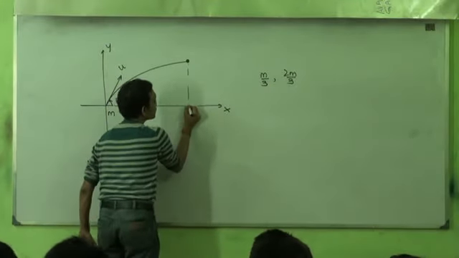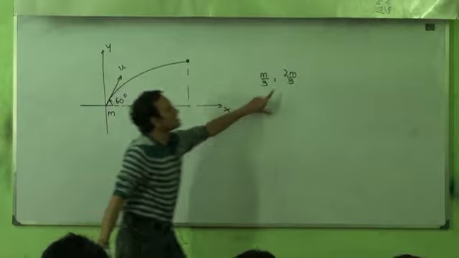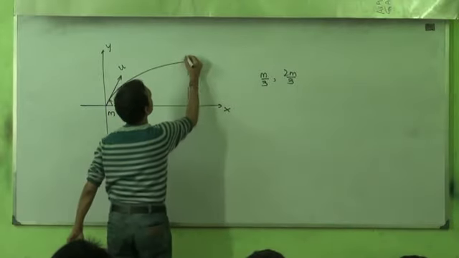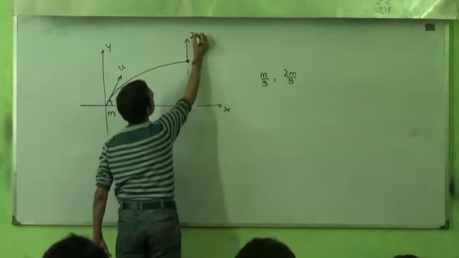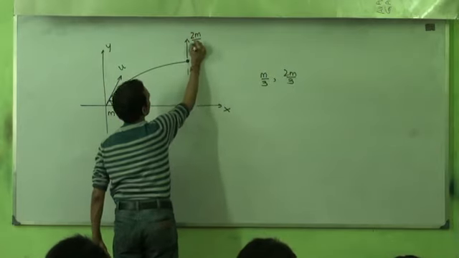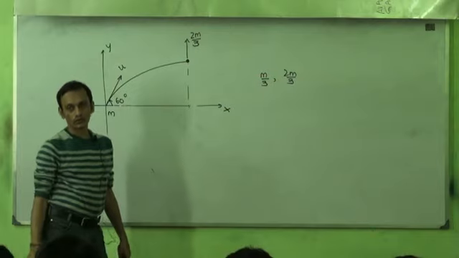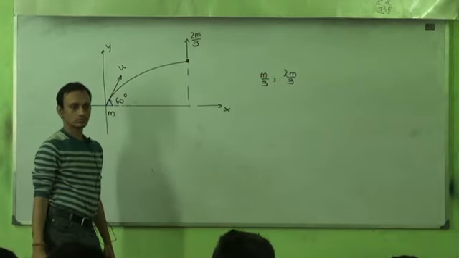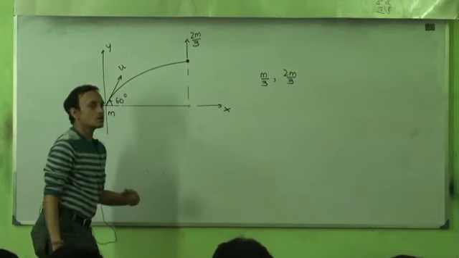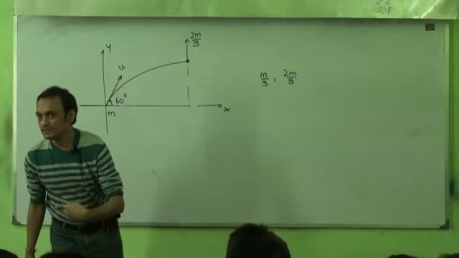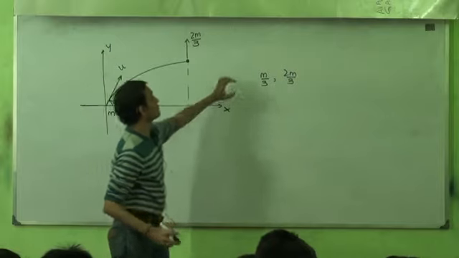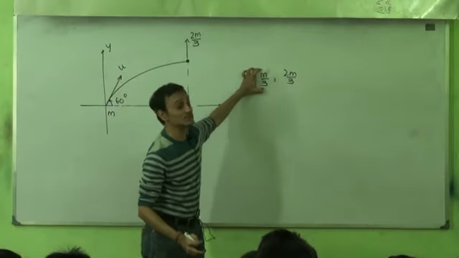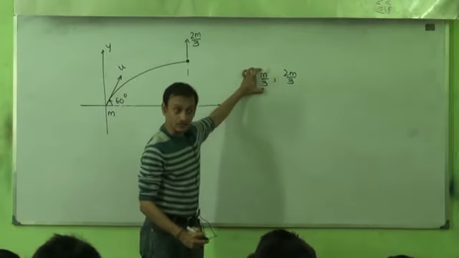Let's say the mass 2m by 3 starts to move vertically upwards. What must be the velocity of the fragment m by 3?